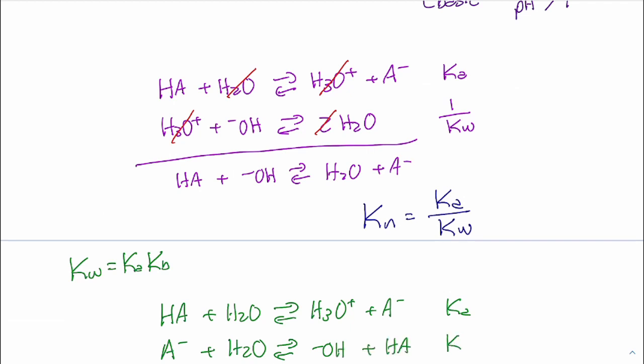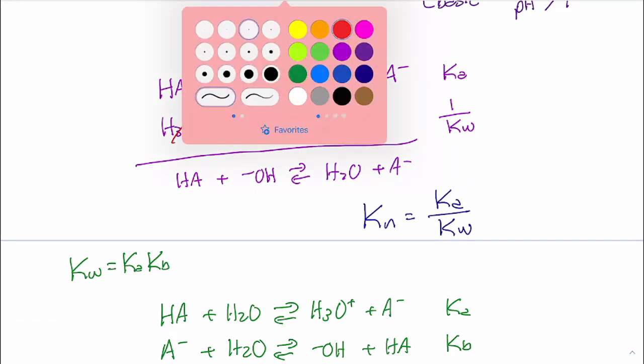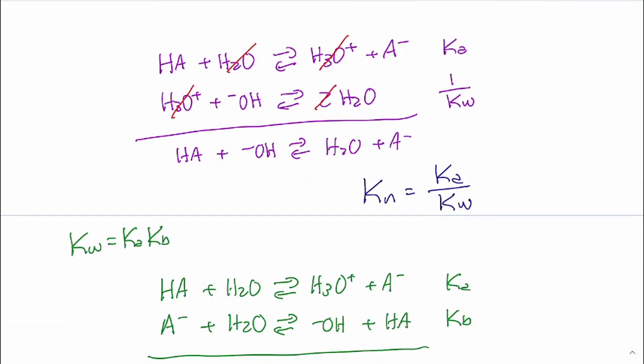If I was to write my expression, I always set it equal to Kb. And then if I was to add these 2 together, A minus cancels, HA cancels, and what's left is water plus water going to hydronium ions plus hydroxide ions, which is my Kw expression, my ionization of water.